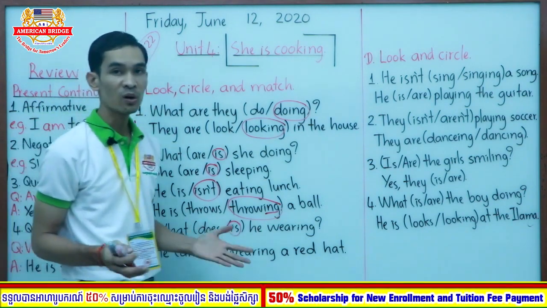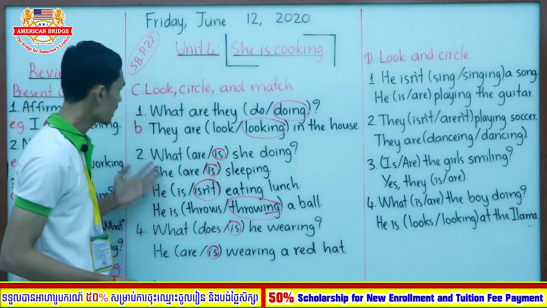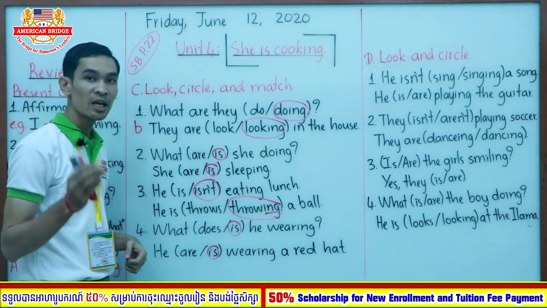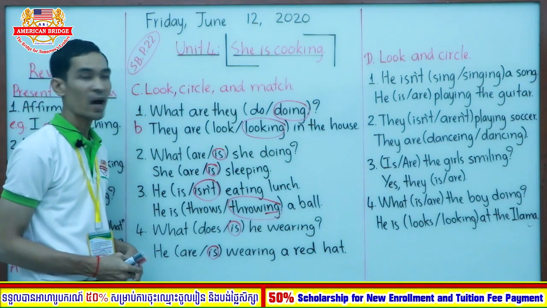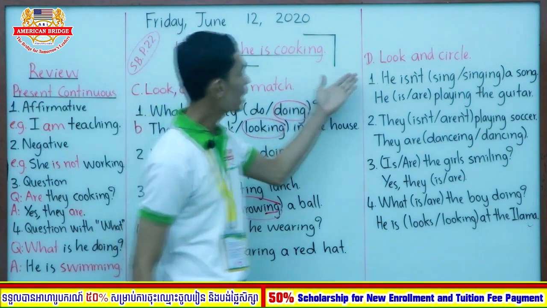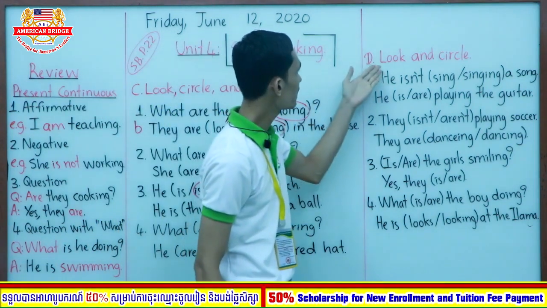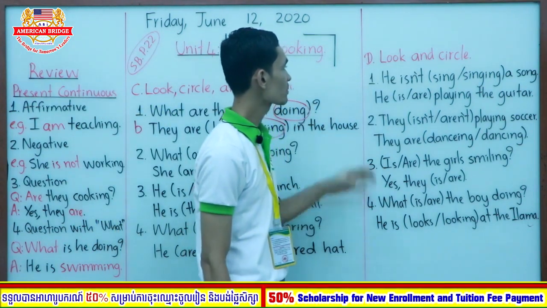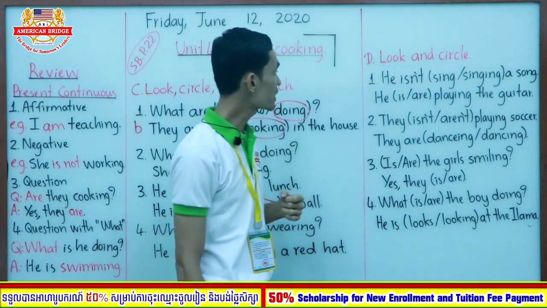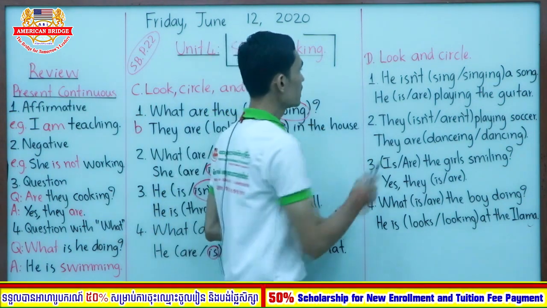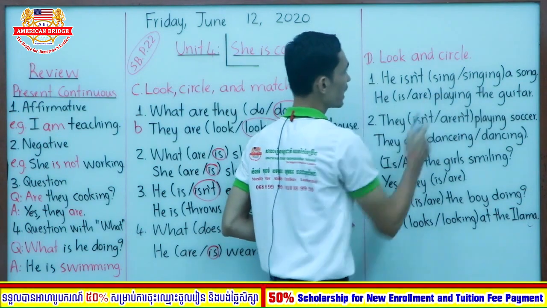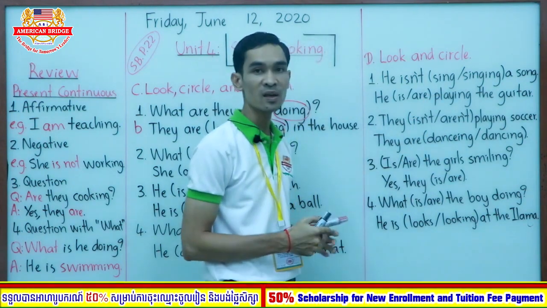Okay, so now we finish part C successfully. Let's continue to part D. Okay, you can look at part D all together. D, look and circle. Number 1 is given as an example, right? He isn't sing or he isn't singing a song.